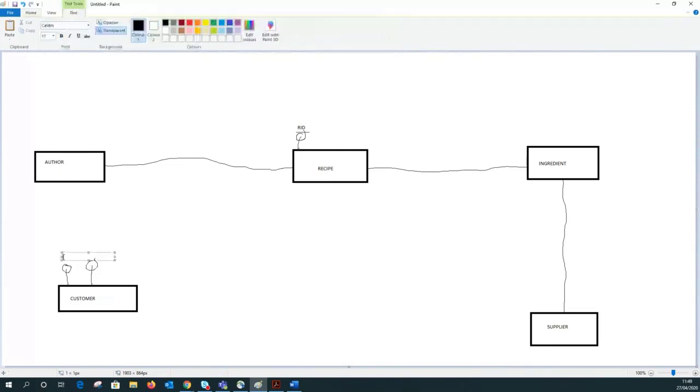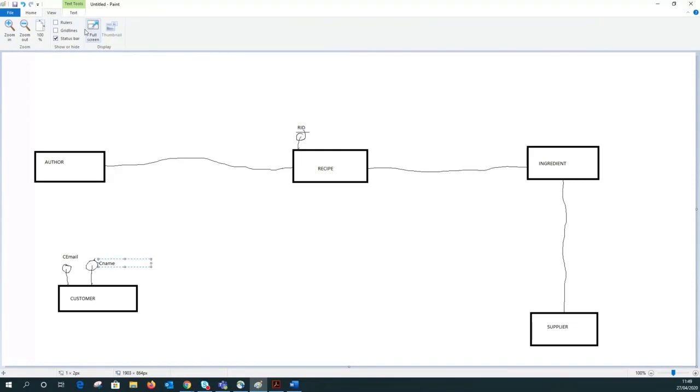So looks like customer email address is the primary key because it's unique. So that means each customer has a unique primary key like email address, right? Because no two customers will share the same email, isn't it? So email address is probably the appropriate primary key in this case. So customer email and customer name.